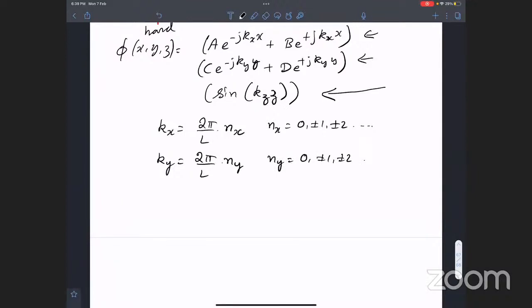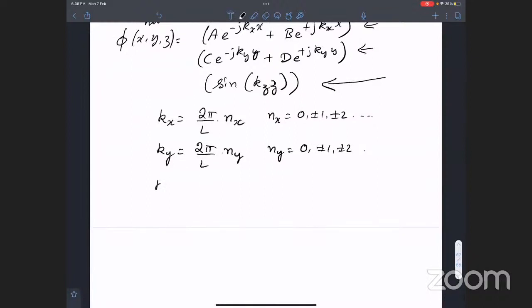That's because it is propagating in the xy. Now for the z, I'm going to do this. It's n pi by a, because this is how we did it in a finite potential well, right? Now I should actually say nz.